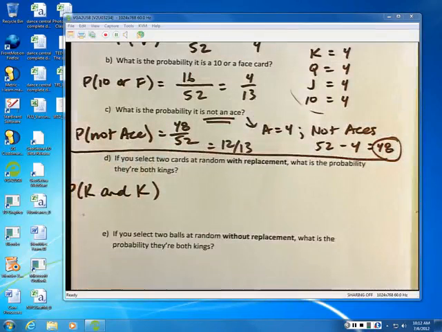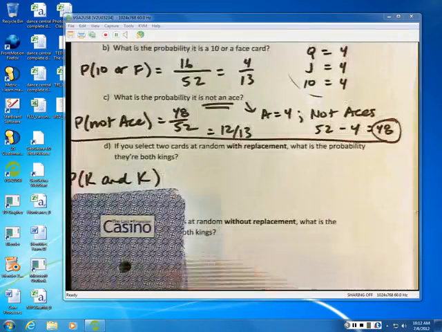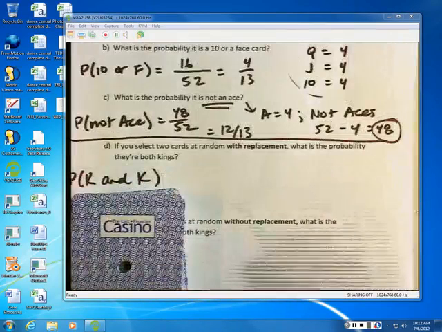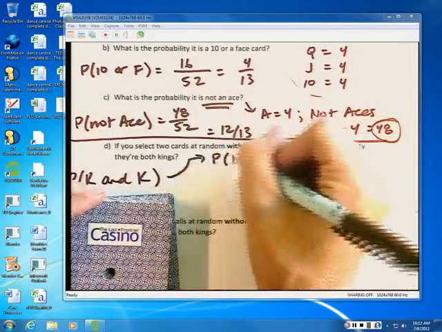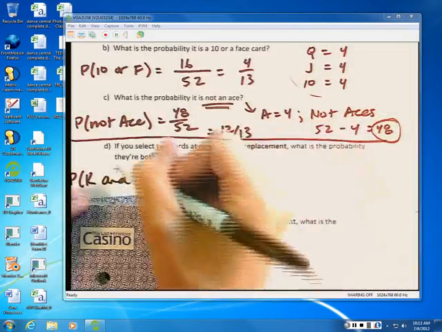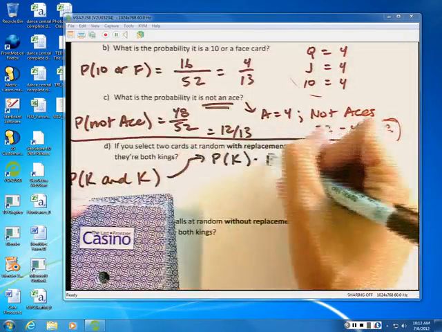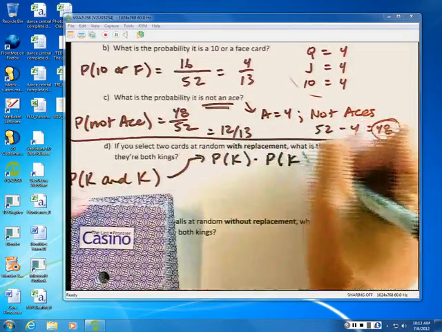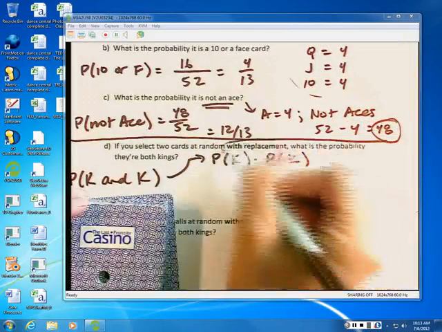So I'm going to take my deck of cards here, and I'm going to select a card at random, and I want to know these probabilities. And you know what? Let me break this up again so you can follow it through. So I want the probability of a king, and means multiply, times the probability of a king, with replacement.